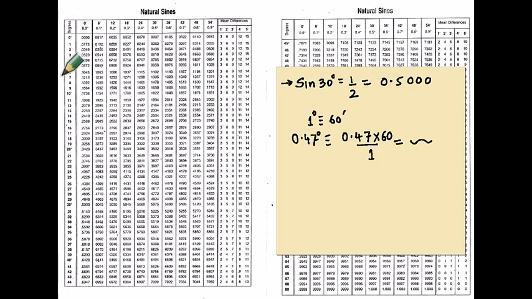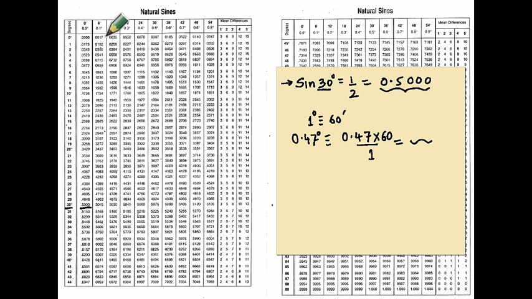Now look here, you see 30 degrees. We want to find 30 degrees, 0 minutes. So you'll look at the 30 degree row, and in the column of 0 minutes, the line starting from here will cross this line, and you see 0.500. That is what the sine of 30 degrees is.